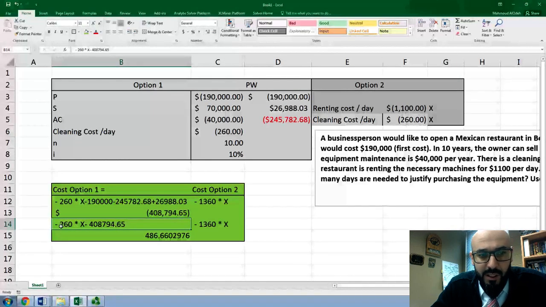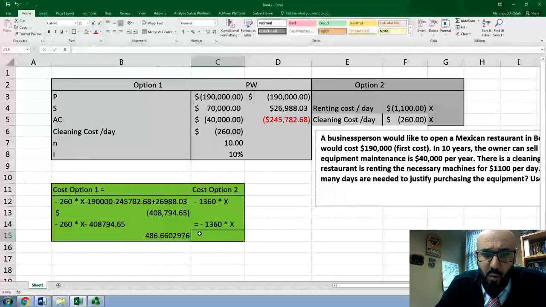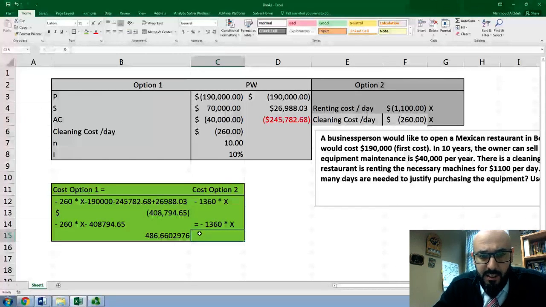So the equation is: 260 times x, where we don't know how many days we need to work, minus 408,000, equal to 1360x.